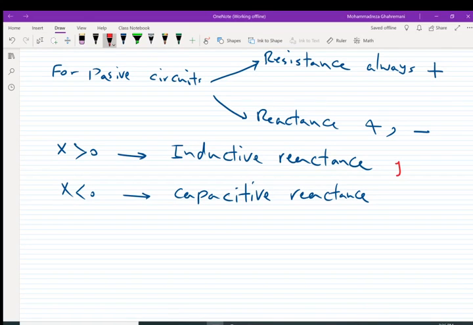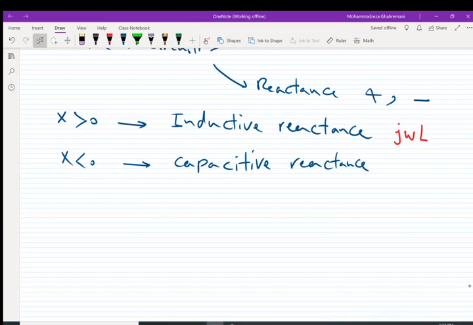Because the imaginary part has j, and for an inductor the impedance is j omega L. Omega is positive and L is positive, so the imaginary part is positive. So if X is positive, omega L is positive, and the reactance is inductive.